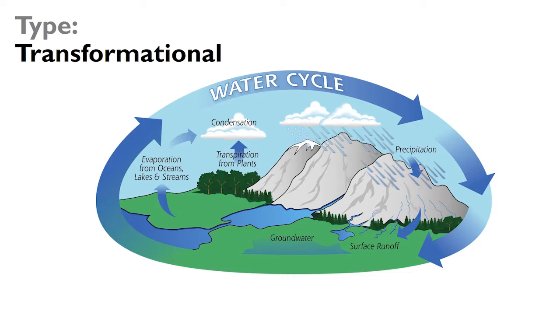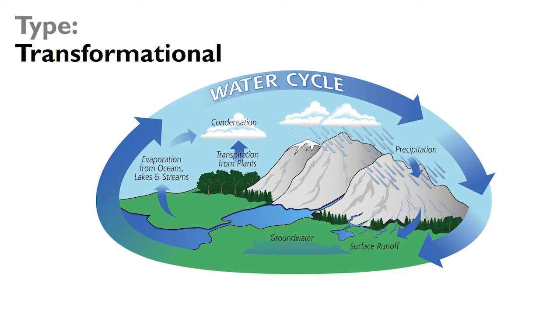Another category of graphics are transformational. These are graphics that show changes in objects over time or space. Now, the water cycle is probably a concept that most of you learned about in one of your sciences, middle school, junior high school, who knows, maybe even college.